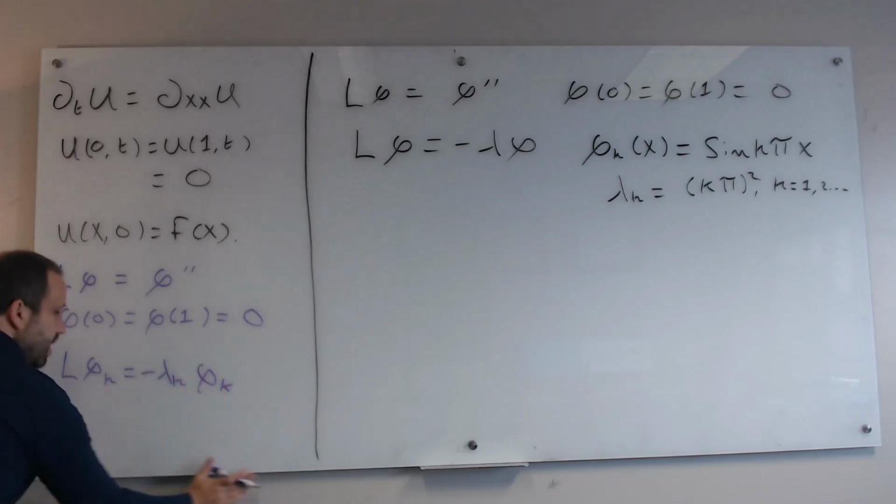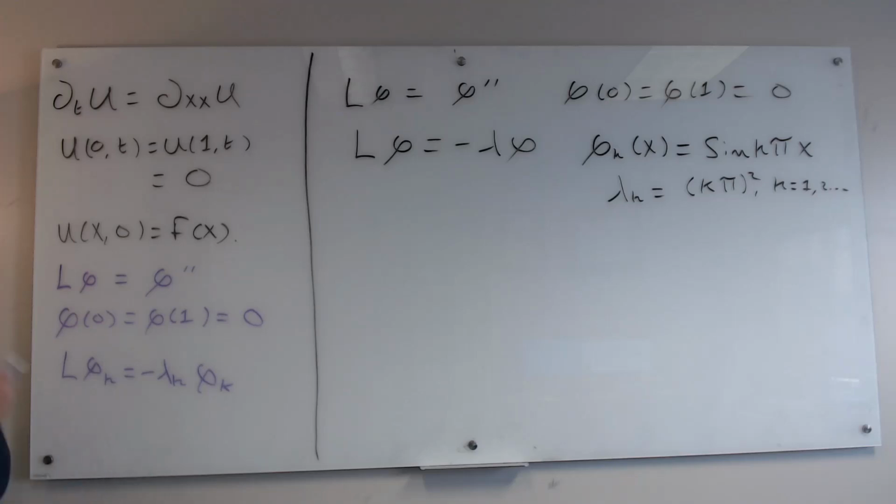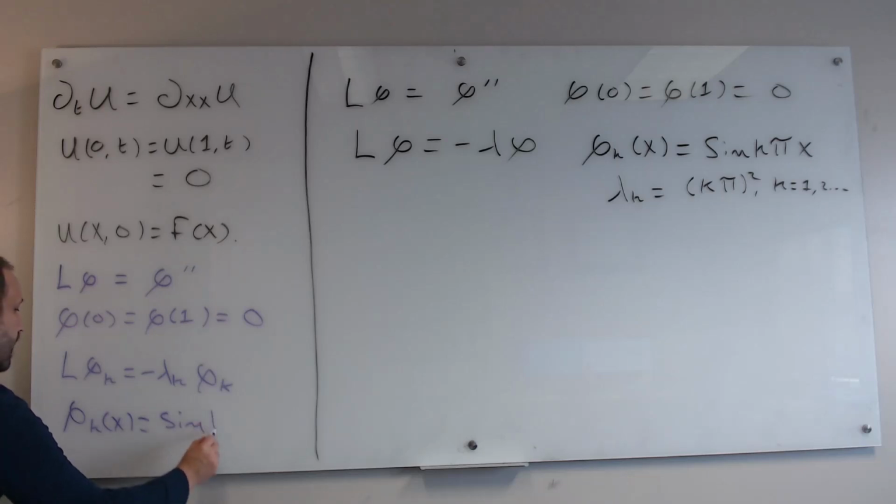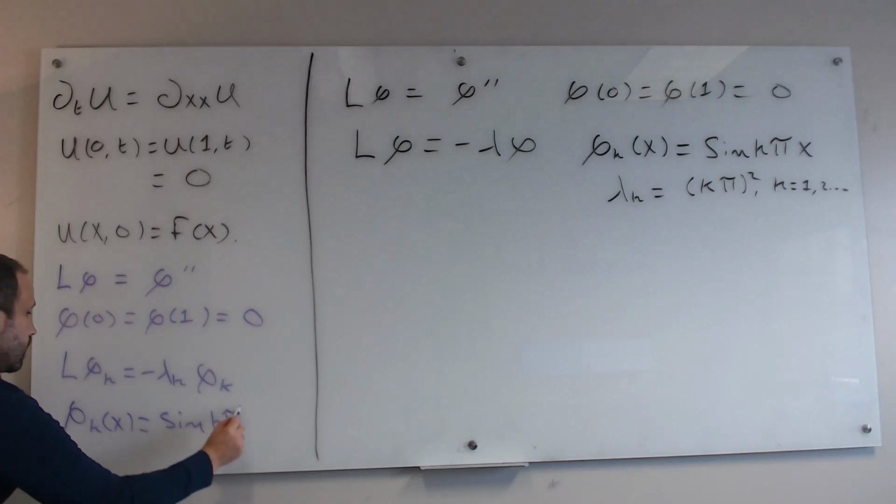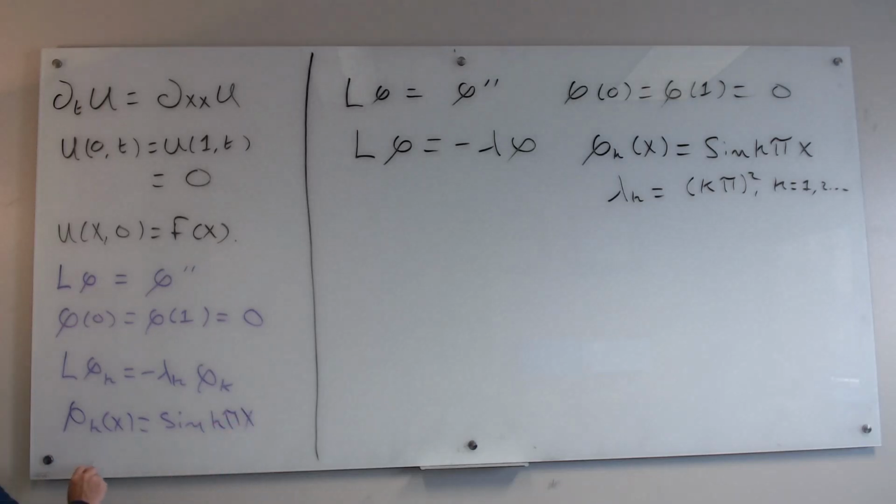And I want to keep things a little abstract and generic for now. So I want to think of it in terms of this relationship here, but for the sake of definiteness, phi k of x is equal to sine k pi x, and lambda k is equal to (k pi) squared.